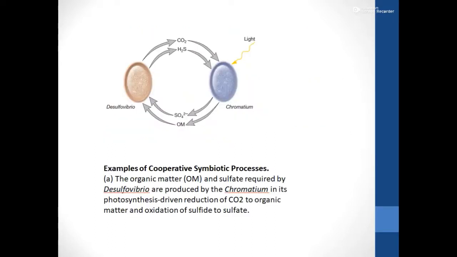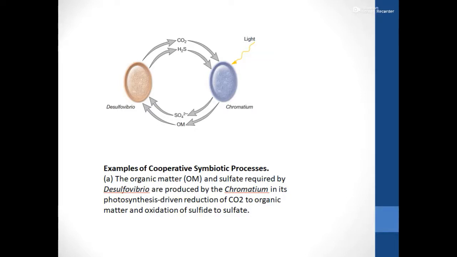Now, these cooperative reactions could also happen between various other organisms. The previous example was about cooperation within a single colony of a microbe. But if you consider different microbes, for example Desulfovibrio and Chromatium, they also have a cooperative symbiotic process.